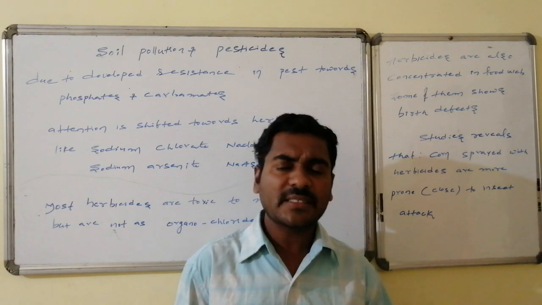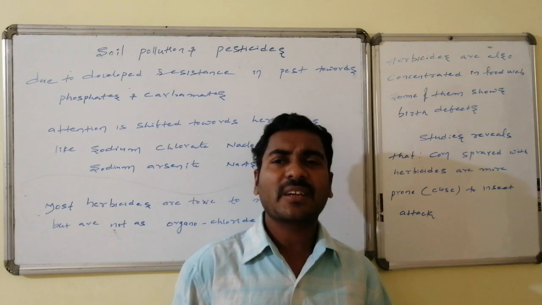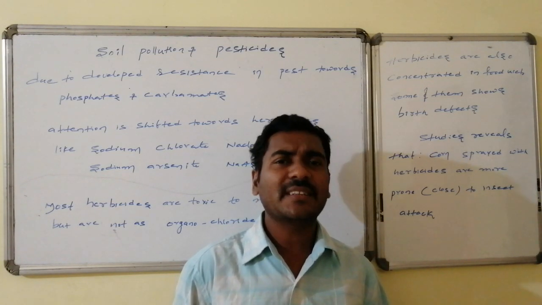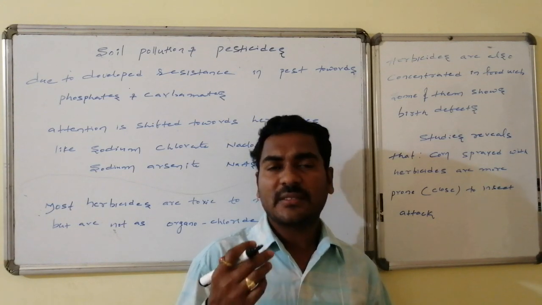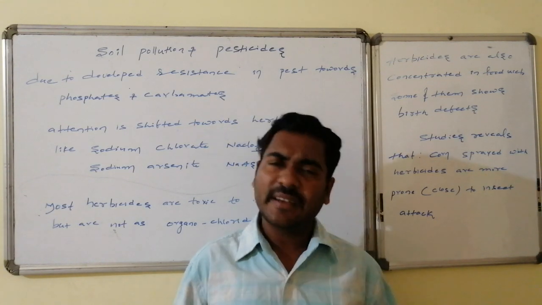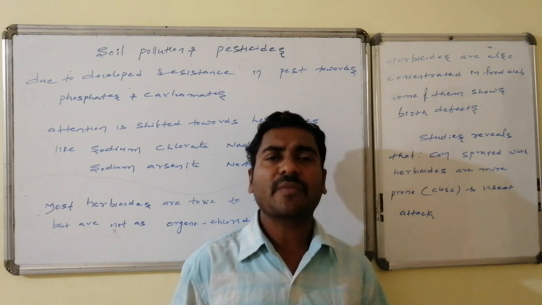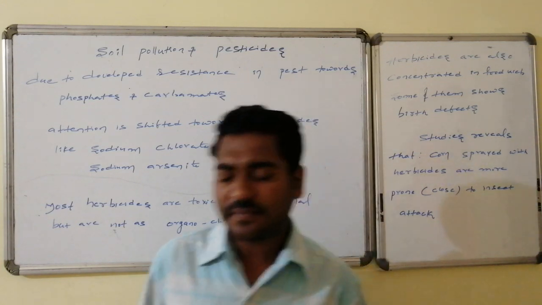Such a nature is present in the toxic chemicals which are used in the form of pesticides, be it an insecticide or a herbicide, and each of them has its own effect over the living system.